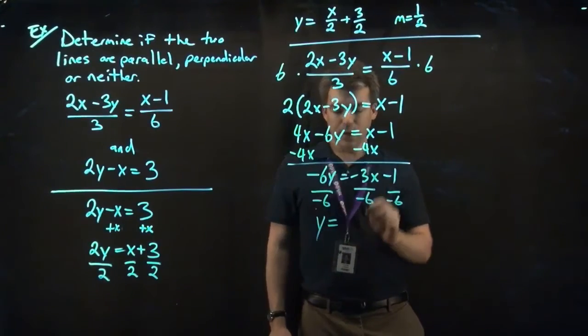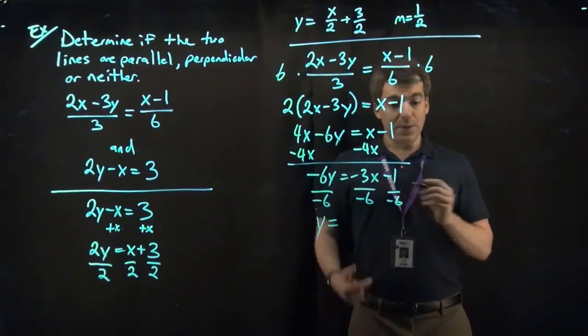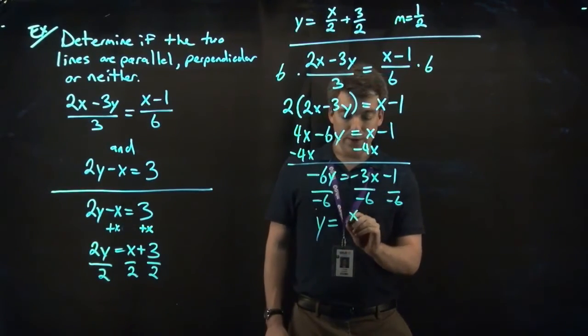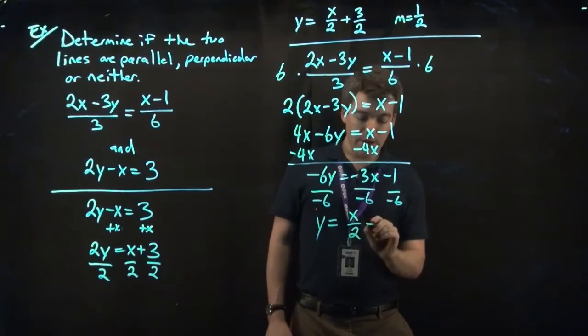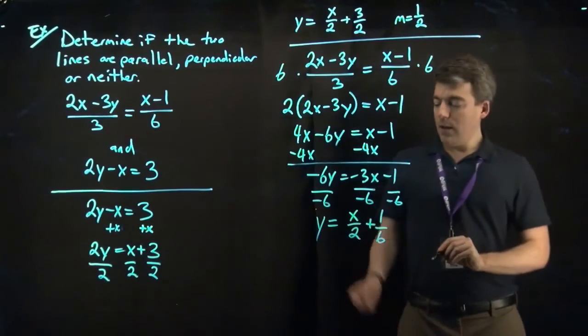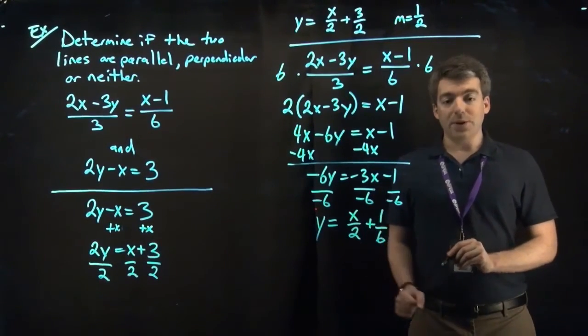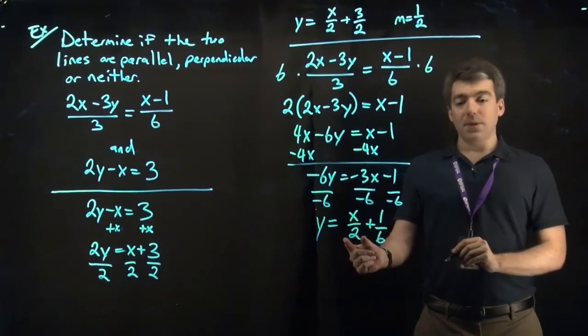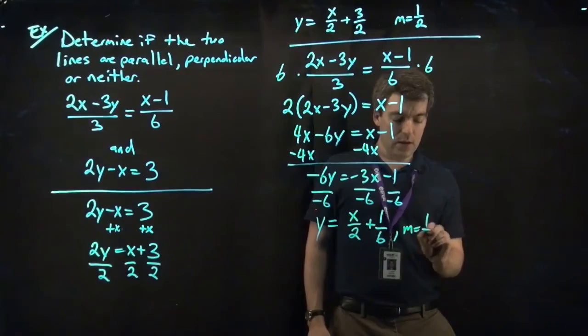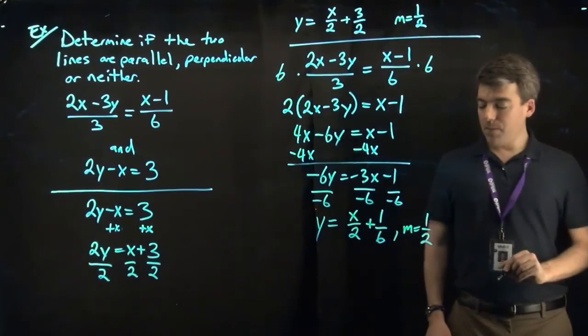We're left with y = negative divided by negative is positive, 3 over 6 is 1/2, so x/2 + 1/6. This is now in slope-intercept form, and we can read off the slope. The slope of this line is 1/2.